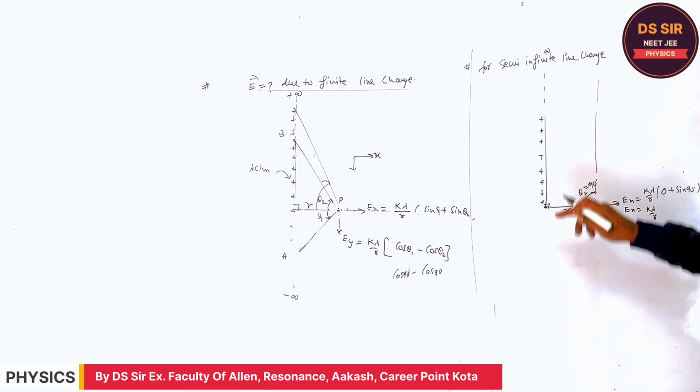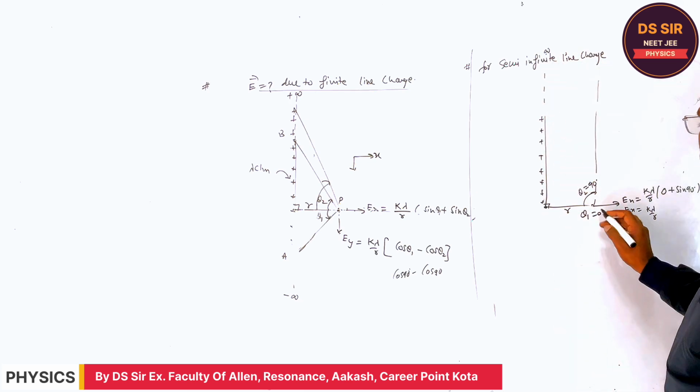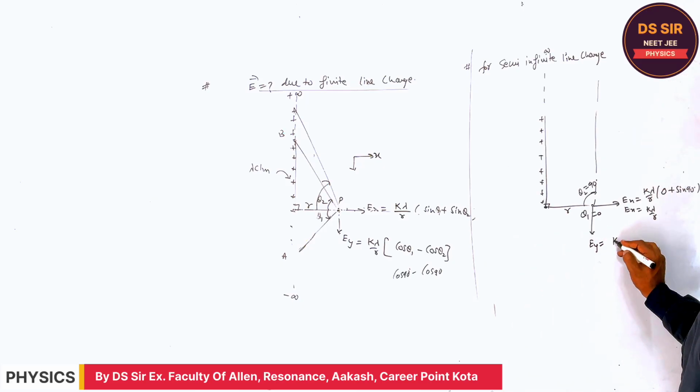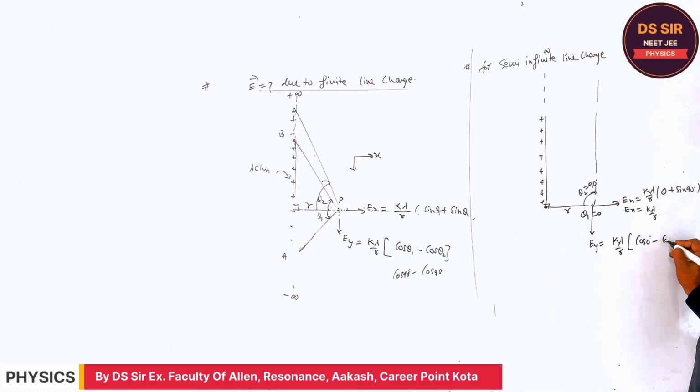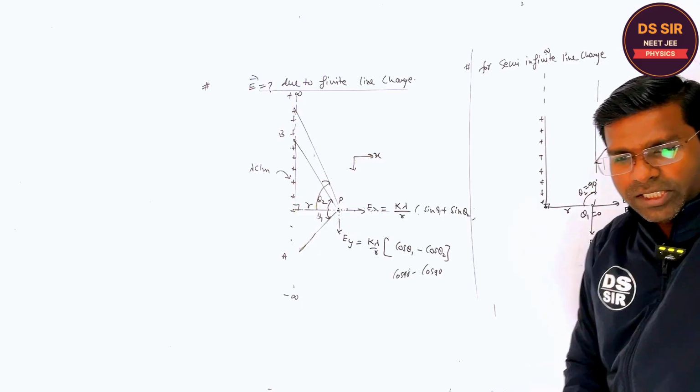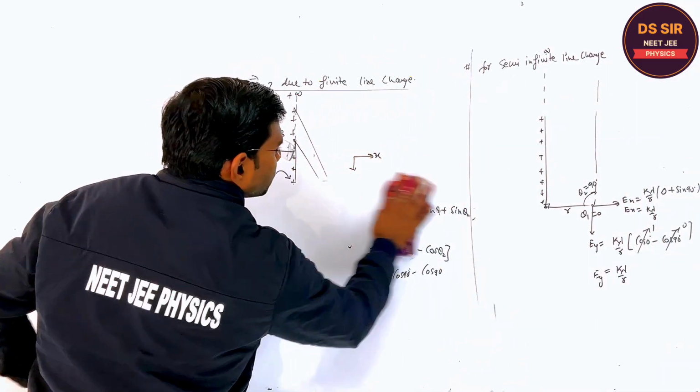Fine. And because of this charge, the y component will also be there. kλ/r (cos 0 minus cos 90). cos 90 is 0 and cos 0 is 1. So this is also equal to kλ/r. You understand this thing or not, you tell?